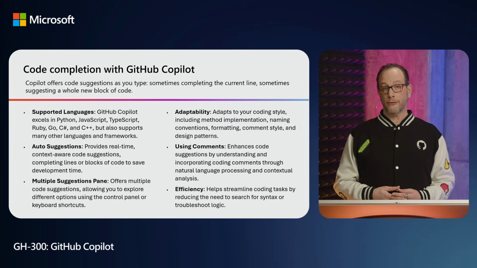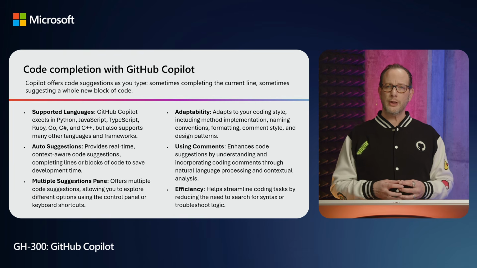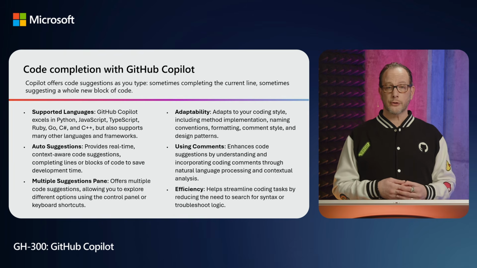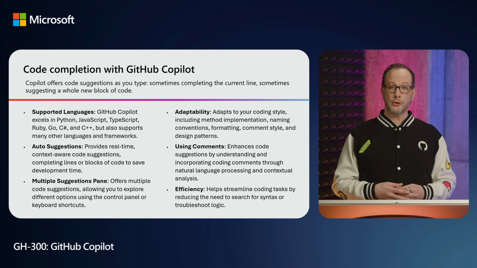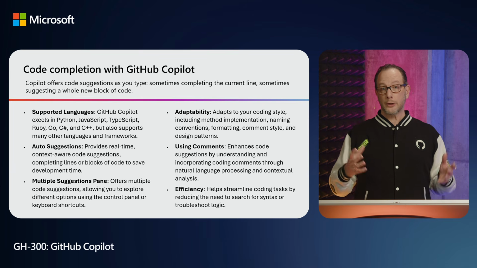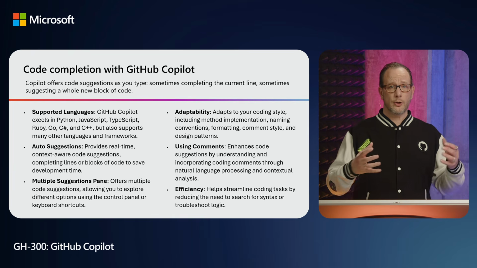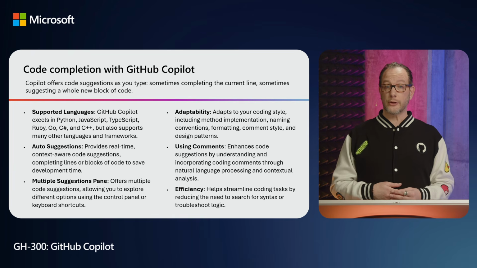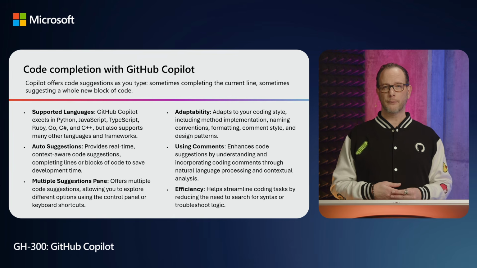GitHub Copilot provides real-time code suggestions as you type, ranging from single-line completions to entire blocks of code. What makes this powerful is adaptability. Copilot learns from the surrounding context, including naming conventions, formatting styles, as well as design patterns already present in your existing codebase.